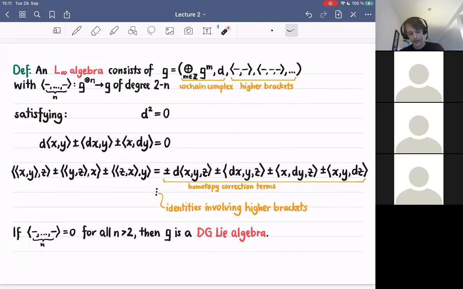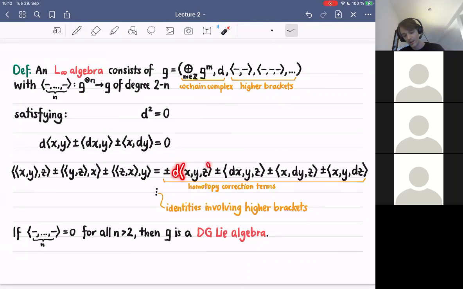And then the next identity is like a Jacobi identity. So if this is a DG-Lie algebra, then the Jacobi identity holds, and on the right side there would be 0. But in an L-infinity algebra, there may be homotopy correction terms, and these always involve 2 brackets.